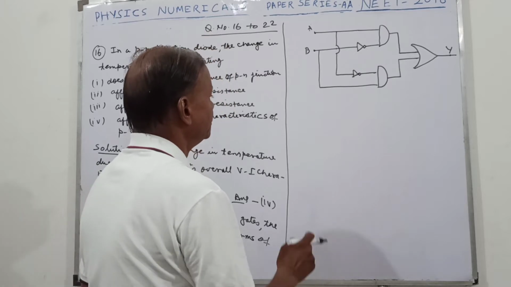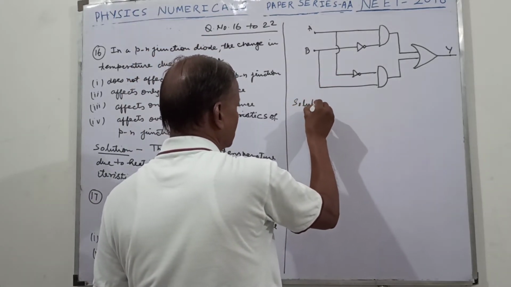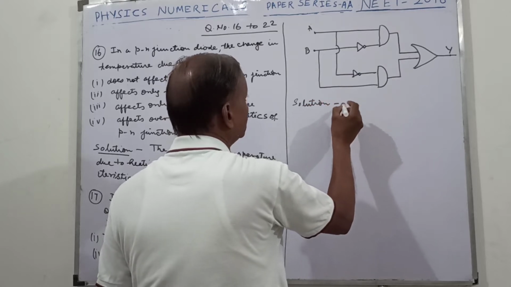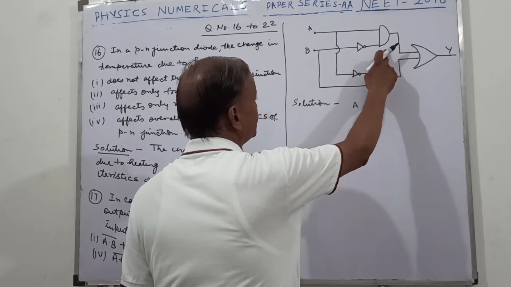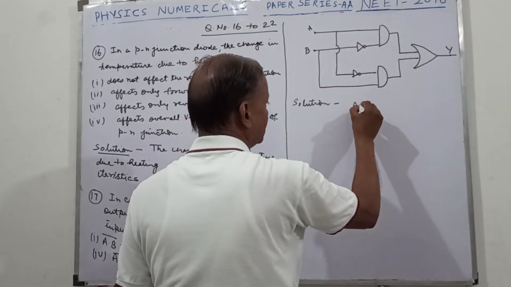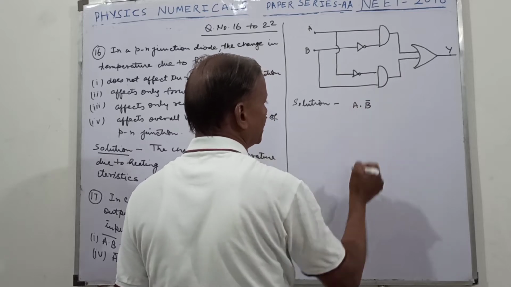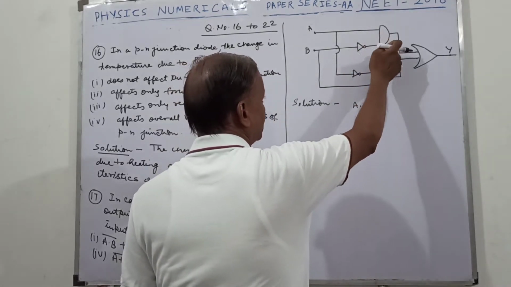So what we have? First, A and this is now B bar, A dot B bar. This is being multiplied, this is the AND gate.